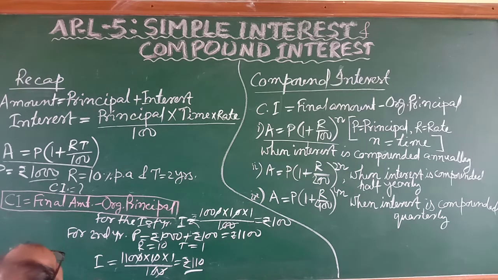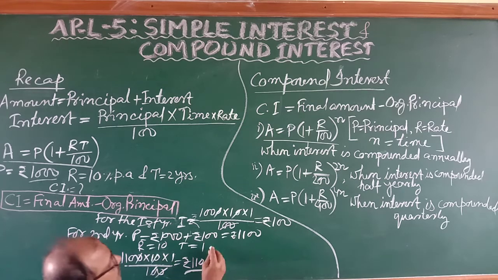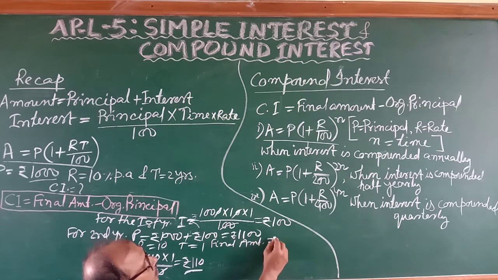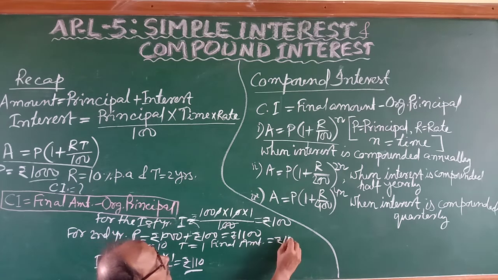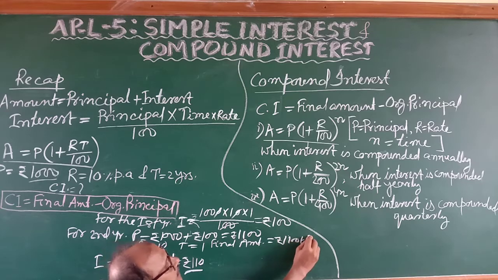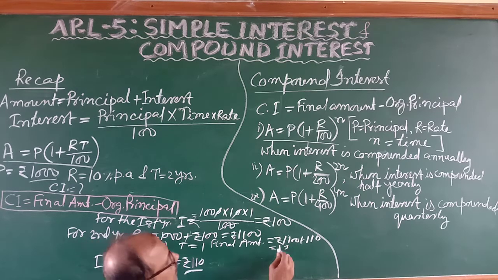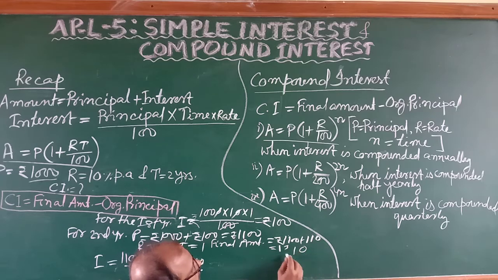What is becoming your final amount? 110 plus 1100. So final amount is how much? Final amount will become 1100 plus 110, that is equal to 1210, that much.